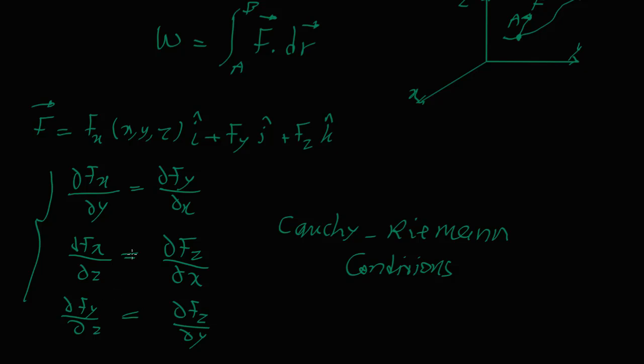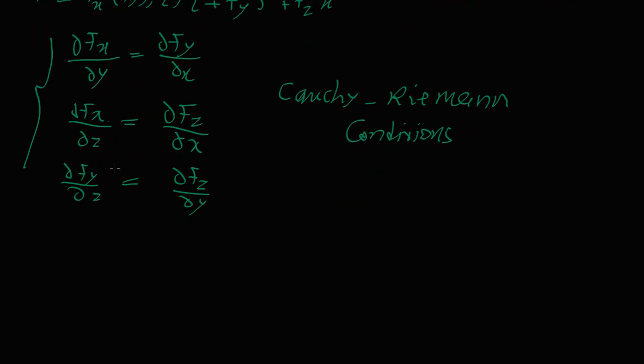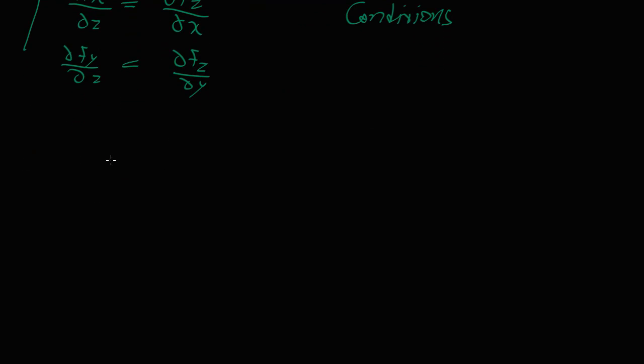If one of these equations doesn't hold true, then we can definitely say the force is not conservative. But if all of these equations are true and we are able to find the potential function, then we can say the force F is conservative.